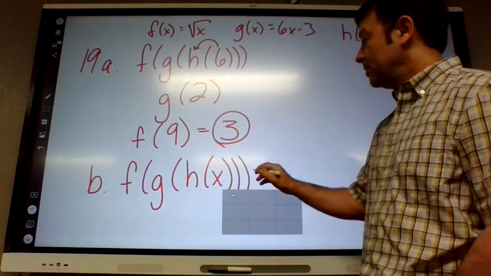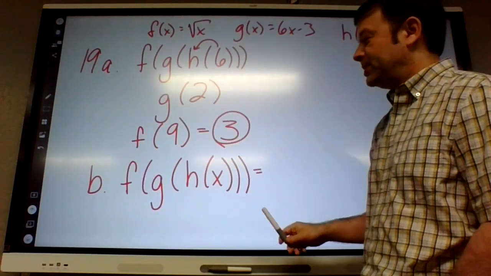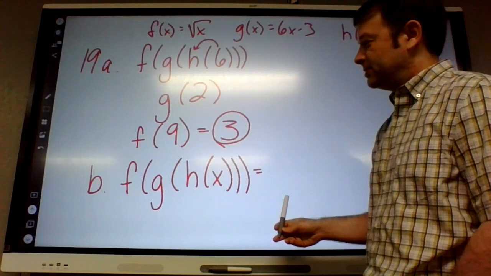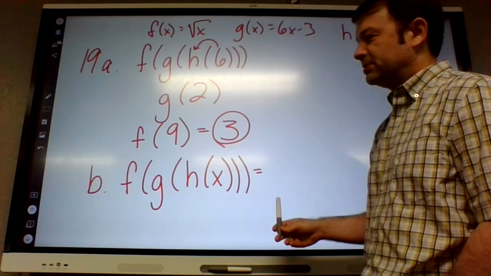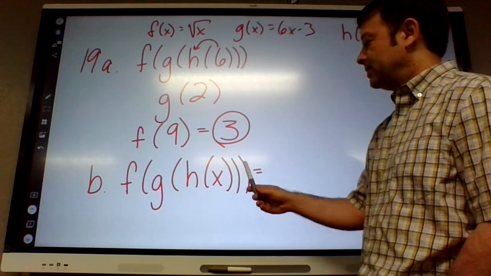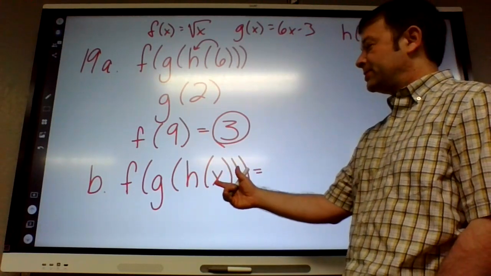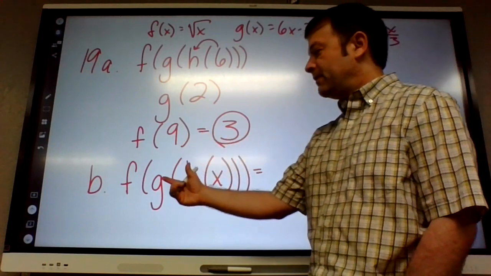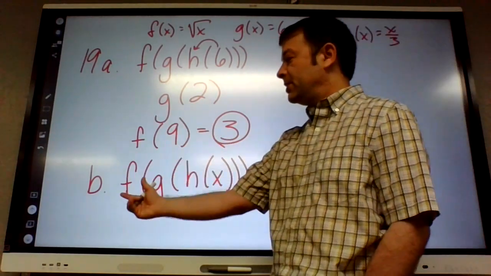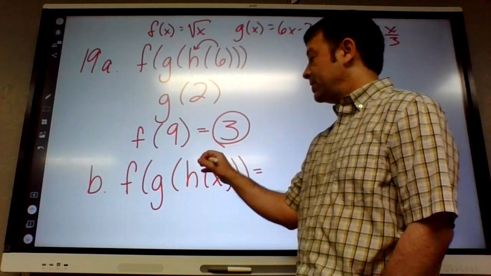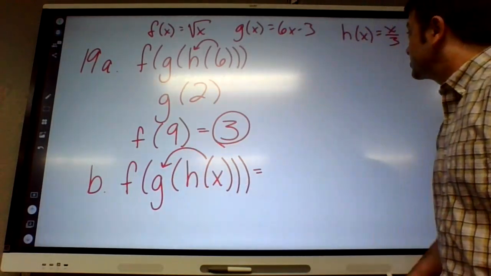I'm sorry. Okay, what do you think this one means? We did something like it yesterday. So this time there's not a number here. So we're taking H of X, we're putting it into G of X, and whatever that is, we're putting it into F of X. So what's H of X into G of X?